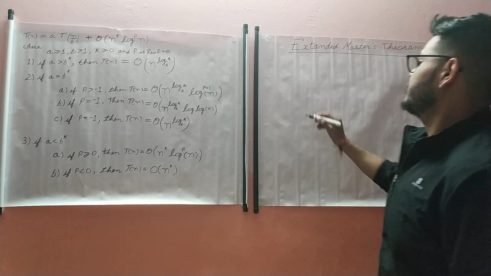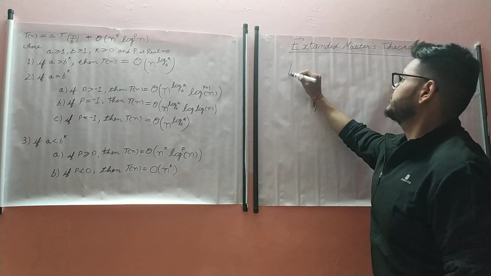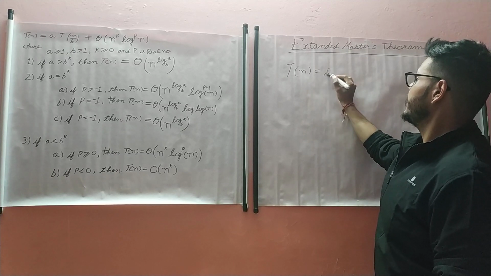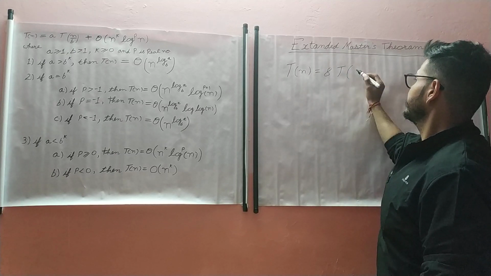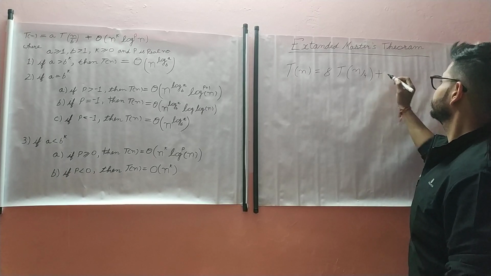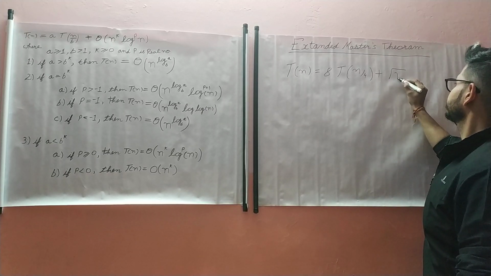Let's see another example. T(n) = 8T(n/4) + root n.